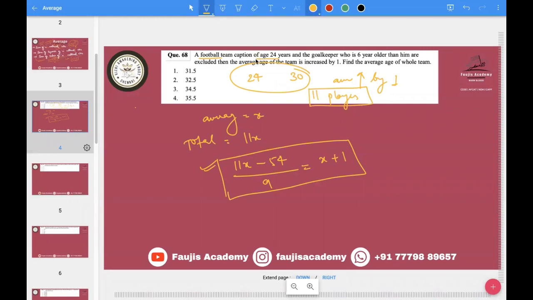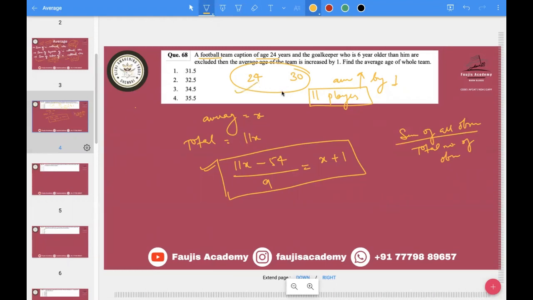Sir, why divide by 9? Divide by 9 because the average is the sum of all observations divided by the total number of observations. Earlier 11 players were there.